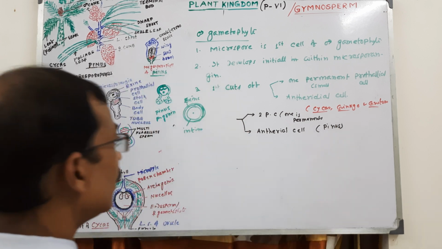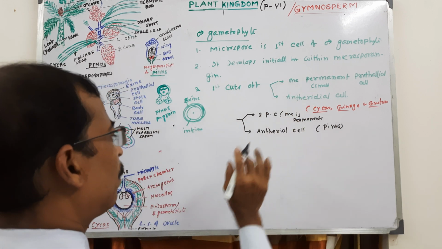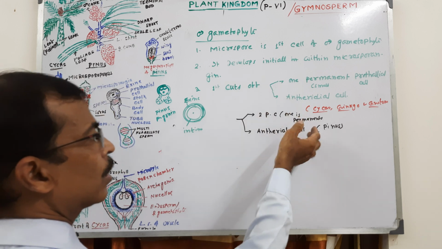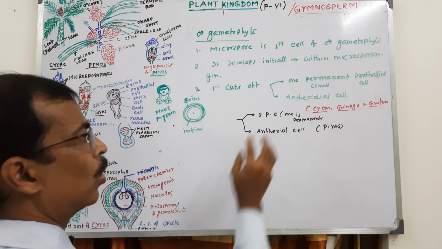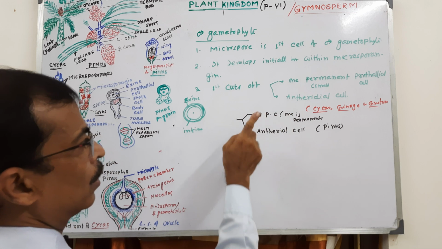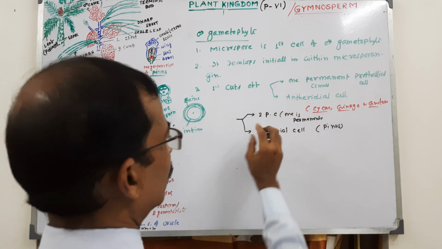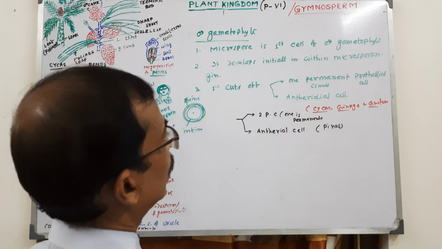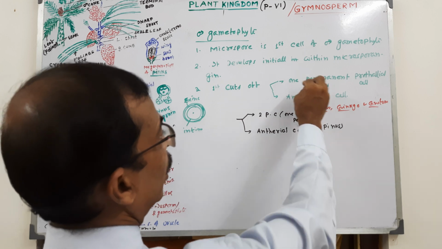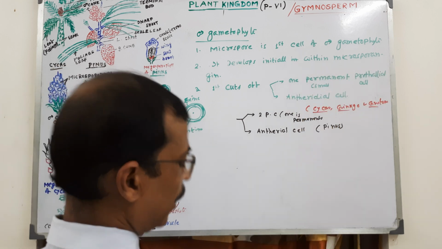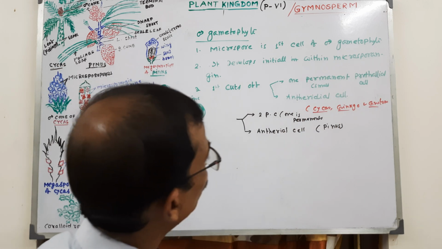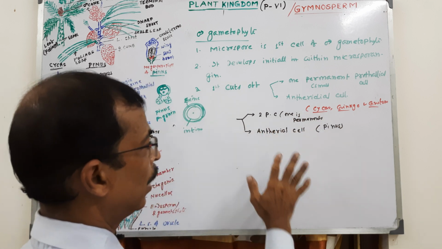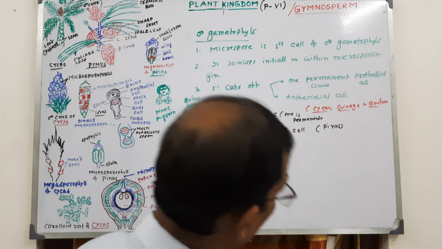After this, at the 2 cell, 3 cell or 4 cell stage, the antheridial cell further divides into two: one permanent prothallial cell and antheridial cell, or two prothallial cells, one of which may persist, and the antheridial cell, in Pinus.